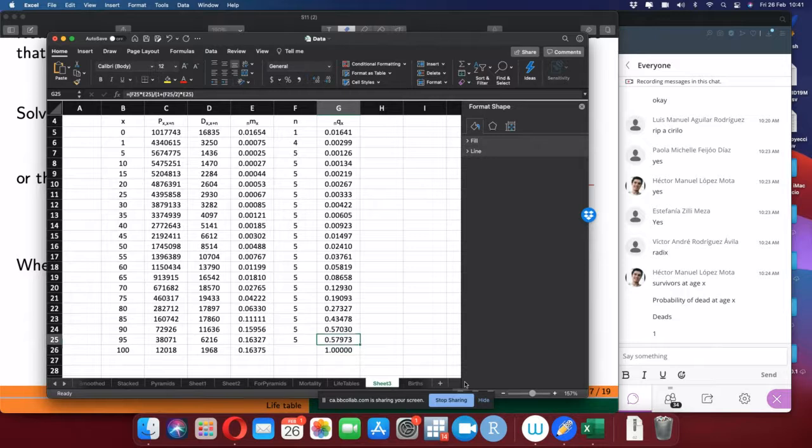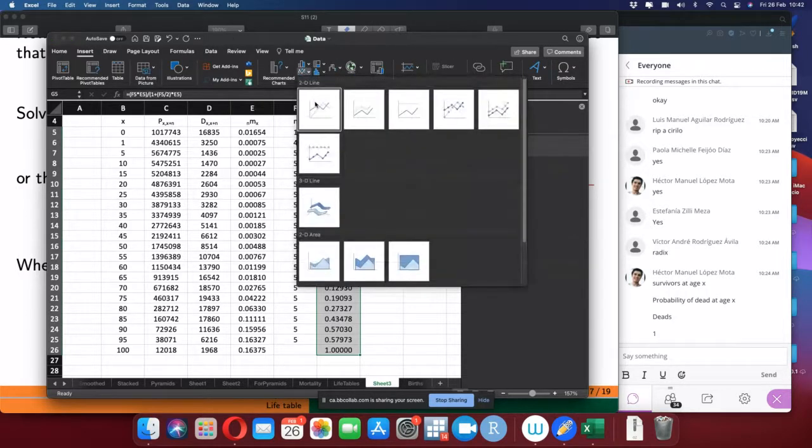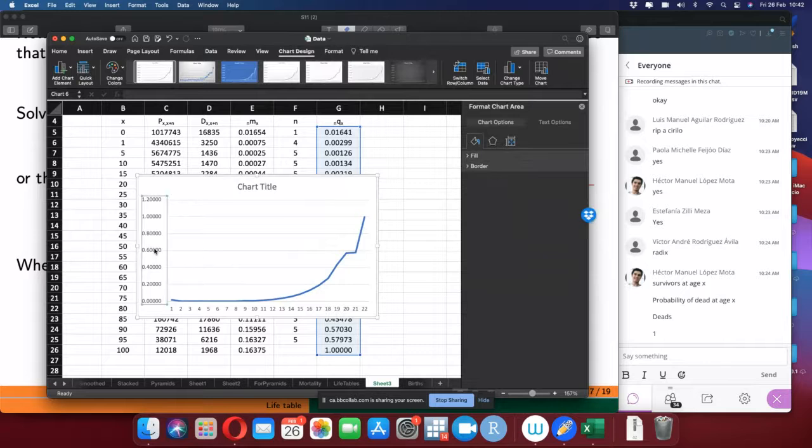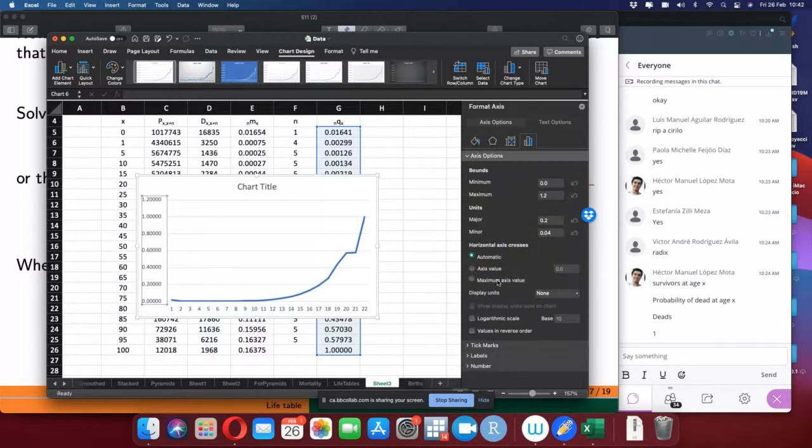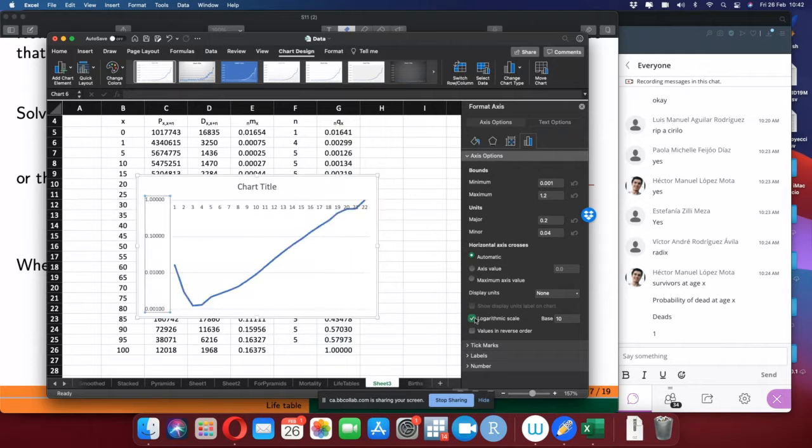Again, it's always a good idea to double check the shape of these probabilities. Not surprisingly, it should be the same general pattern as we have for our age-specific death rates, with the shape of a J. Depending on your last age group, you can see a big leap at the end, because remember that we are forcing this to be 1.